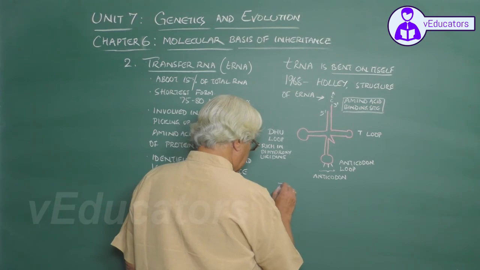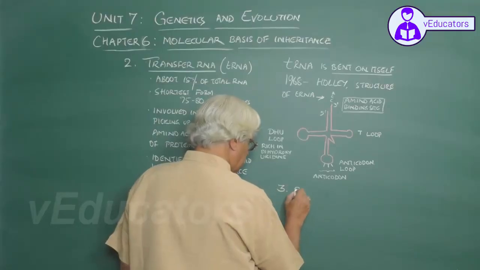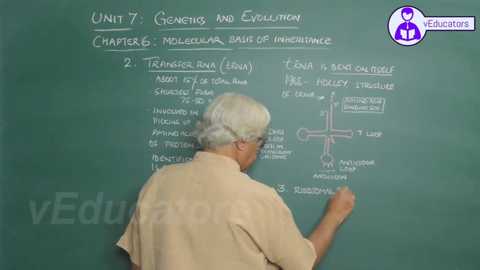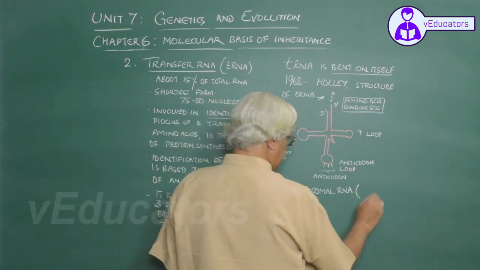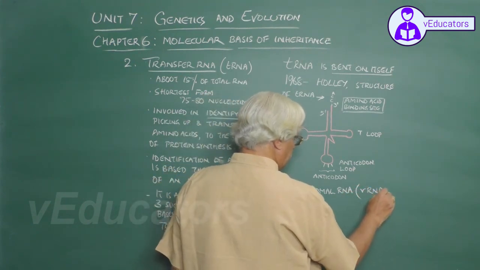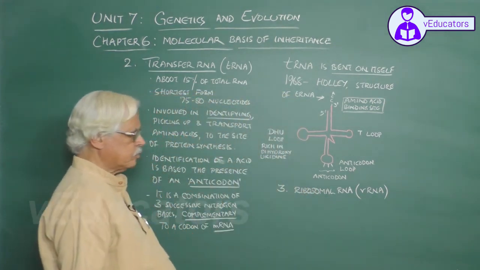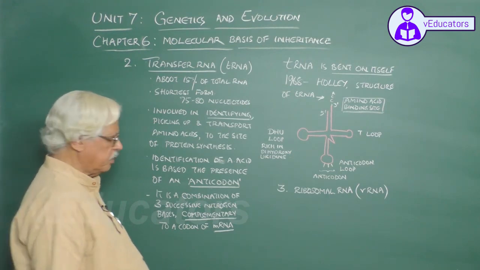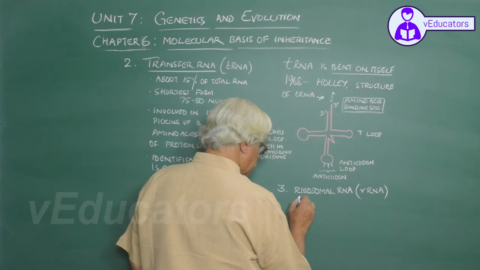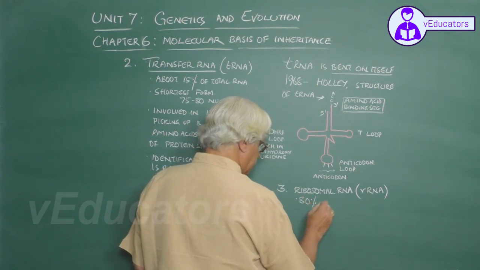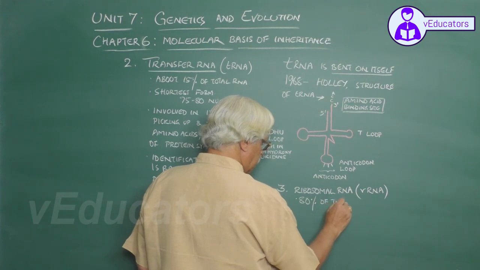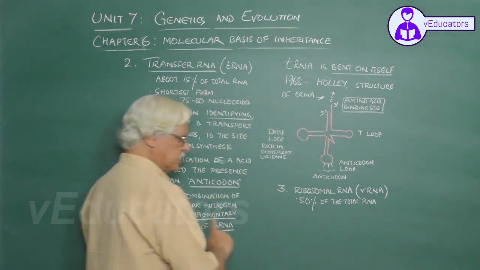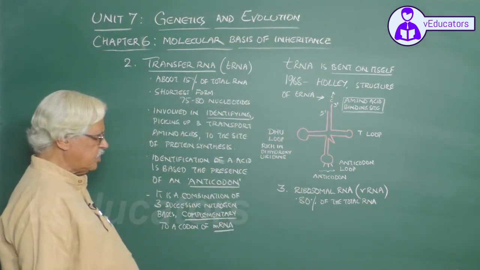The third type of RNA is called ribosomal RNA, commonly abbreviated as rRNA. Ribosomal RNA accounts for nearly 80% of the total RNA, about 75 to 80% of the total RNA content in the cell.